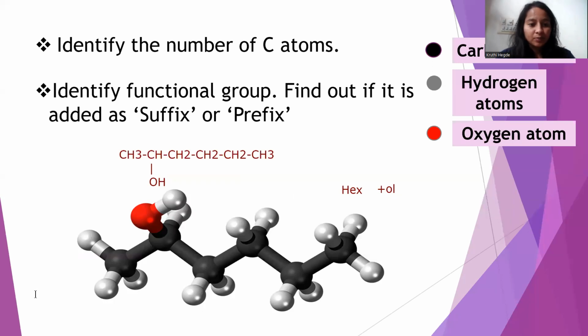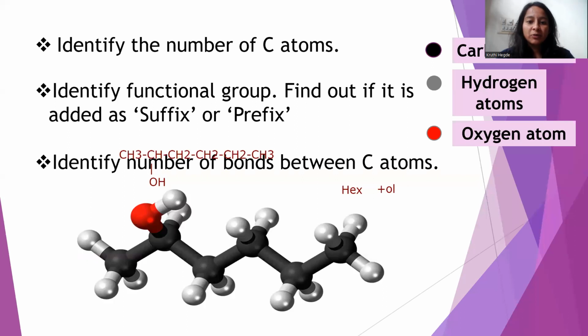Next, moving ahead, next rule, identify the number of bonds between carbon atoms. Carbon to carbon bonds, all are single bonds. Here, all are single bonds. Single bonds means the name should end with ANE. Hex plus ANE.